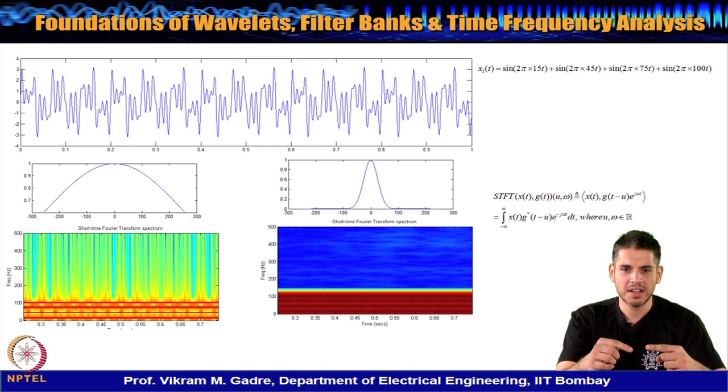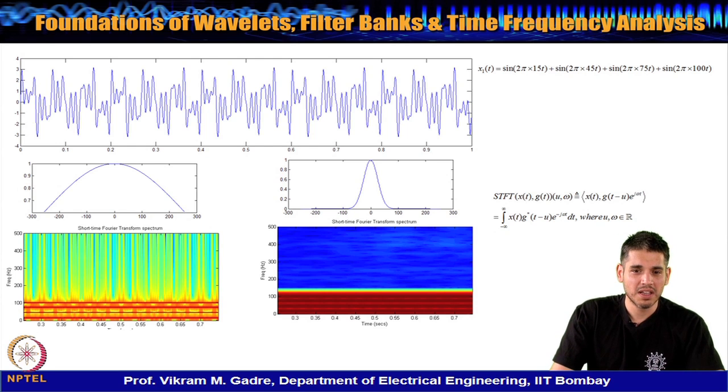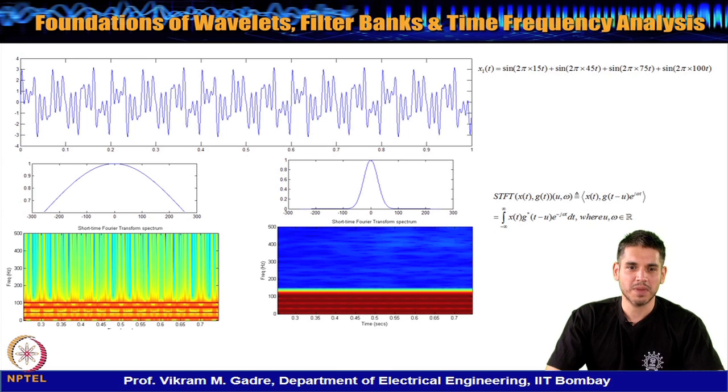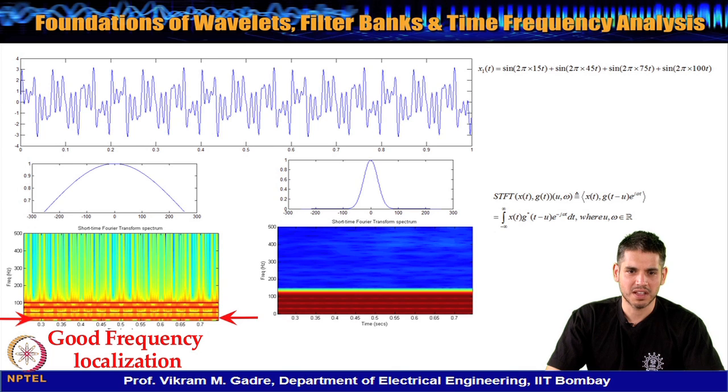On the other hand, if we use a window of shorter time duration, then our frequency localization is lost, which is clearly visible in these figures. On the left hand side, in the spectrogram with respect to the wider window, you can clearly identify on the y-axis, which reads out the frequency, the different frequency components which are present in the signal.